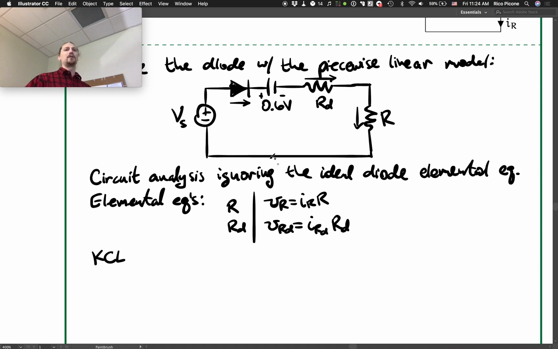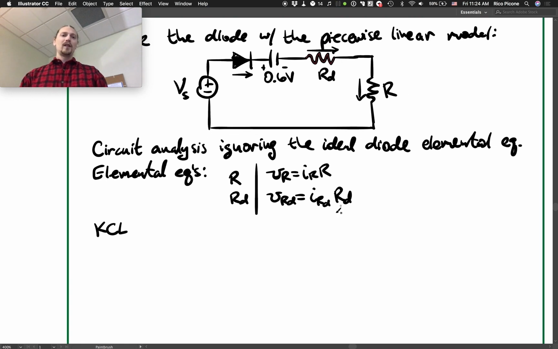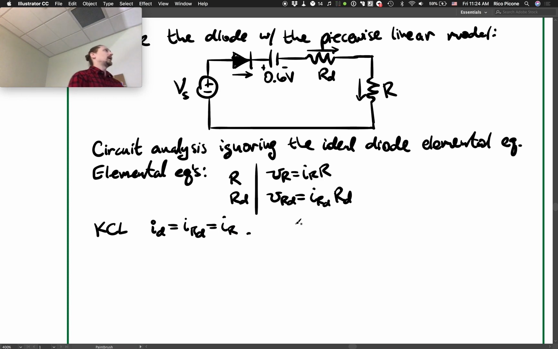We could do nodes in between, but just say all those currents are equal. So that means that our diode current is equal to our RD current, which is equal to our R current.